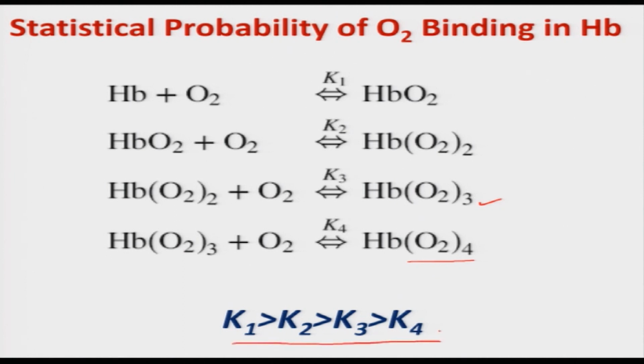This is K1, this is K2 for the second dioxygen, the third one is K3 and the fourth one is K4. So, K1 is greater than K2, greater than K3, and then K4. So, the binding constants decrease in this fashion. That is what one could expect statistically.